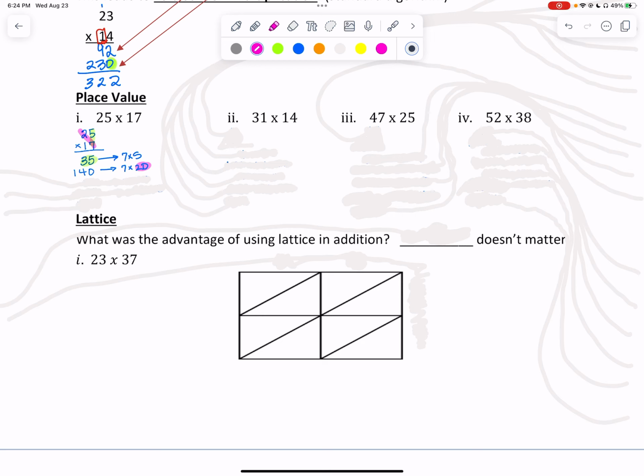All right, next. Let's see if I can get rid of the greens. Good. Next we're going to multiply my tens. We're going to do the tens place. So 10 times 5, that's going to give me that 50. And then the last one, again, this is the one most people miss on your test, because it's 20 times 10. 10 times 20. And then you add them all up and get 425.